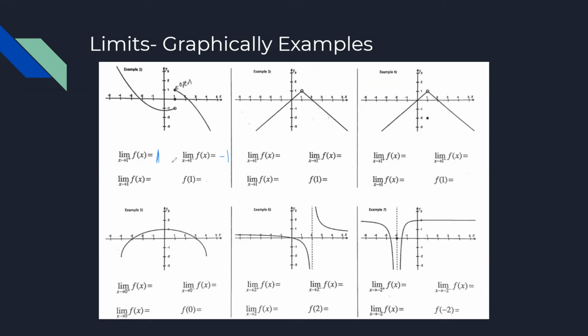Now we learned that the right and left-hand limits have to equal each other in order for the limit at a value c, or 1 in this situation, to exist. And we can see that it doesn't. So therefore, the limit does not exist.